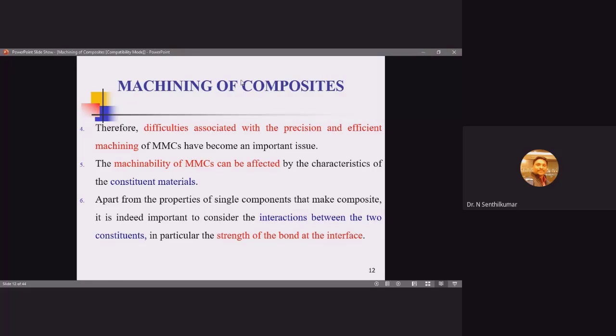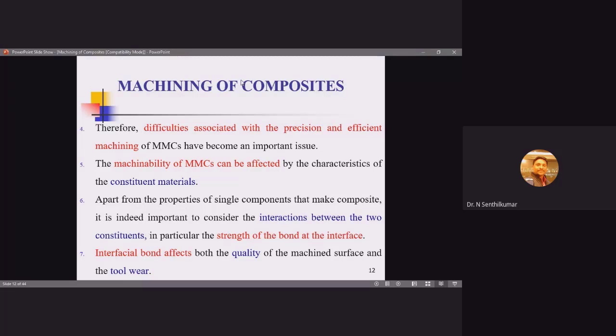If the bond is high, then the material removal will be tough. If the bond is less, then there are lower mechanical properties, and it is very easy to remove the material. So if I want superior mechanical properties, then the machinability will be really tough. The interfacial bond affects both the quality and the tool wear.